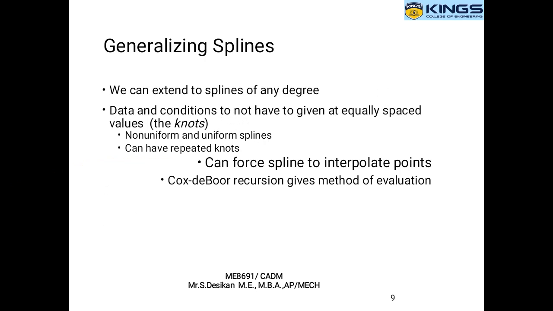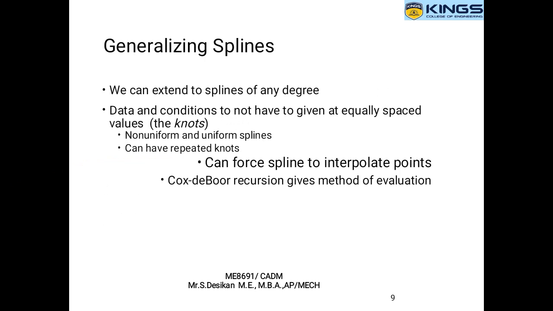Knots means when the curve surface is available prior to the main surface, we call it knots. Non-uniform and uniform splines without blending function are called knots or generalized splines, and the interpolation points use the Cox-de Boor recursion method for evaluation.